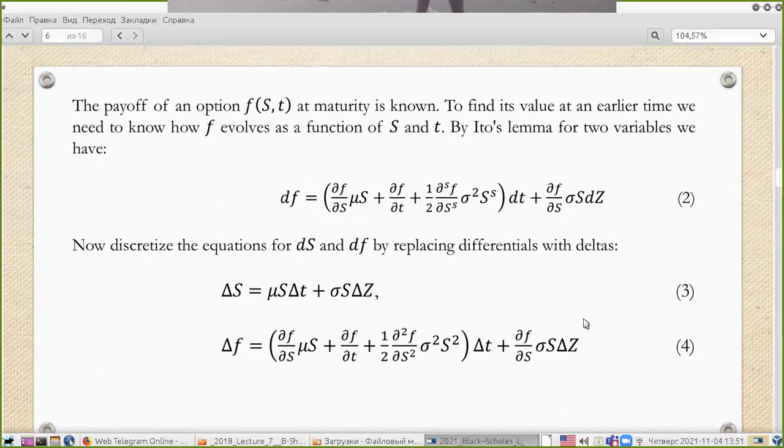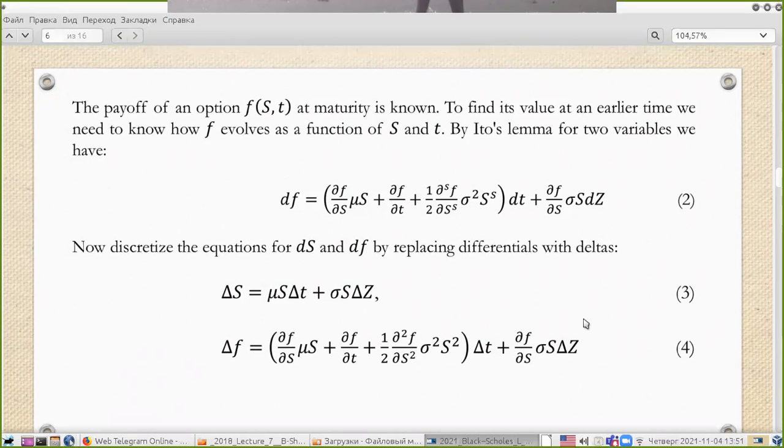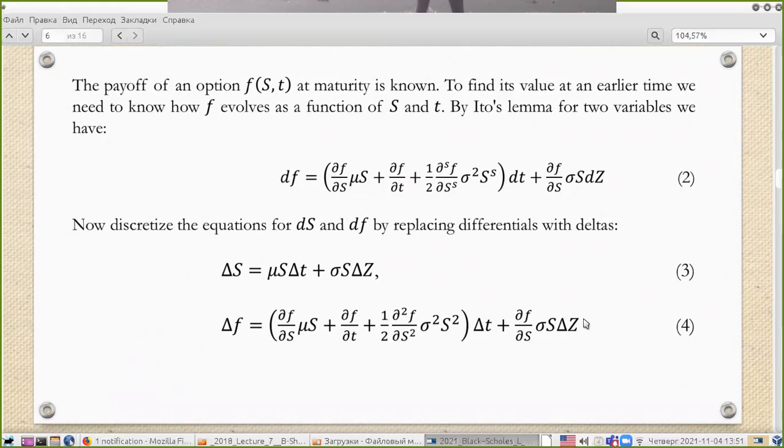And what is our idea now? We see that the randomness, the stochastic part, is only in delta z, because z is a Wiener process, because mu S is constant, delta t is not a random value, sigma S is constant, and only delta z in equation 3 and in equation 4 is a random value, a stochastic process.